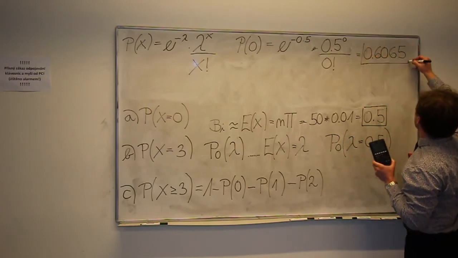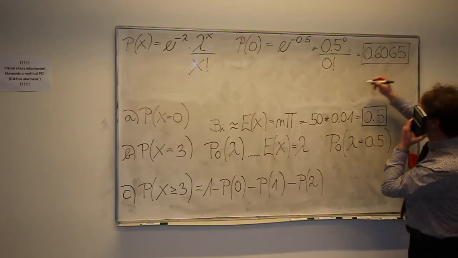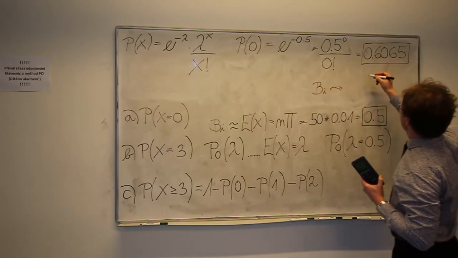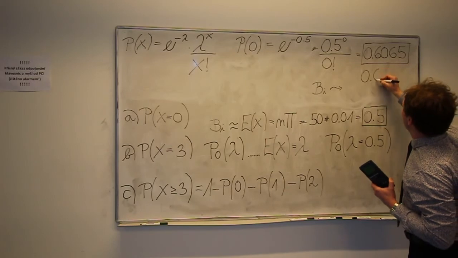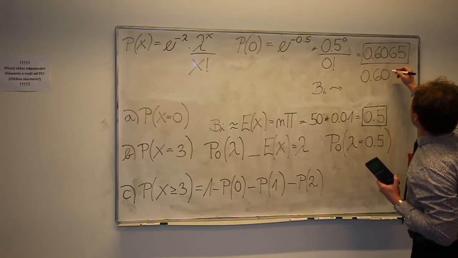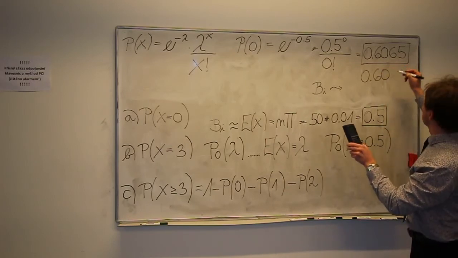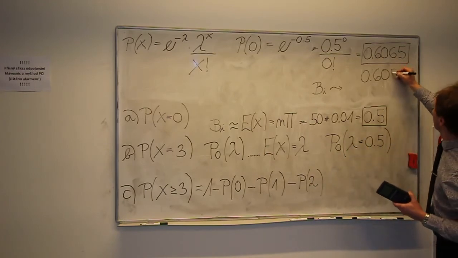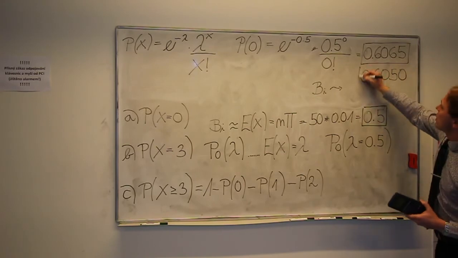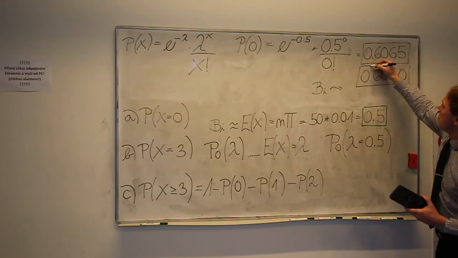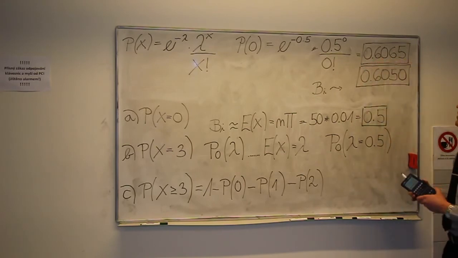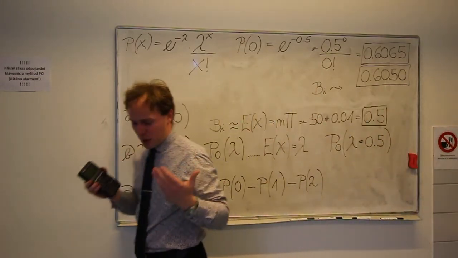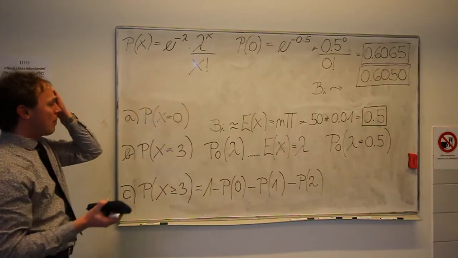0.6065. Okay, do you remember the case of binomial distribution? In the case of binomial distribution, we had 0.6050. So there is a small difference, but in some specific situation, the small difference is not significant for us because we need to solve the example.